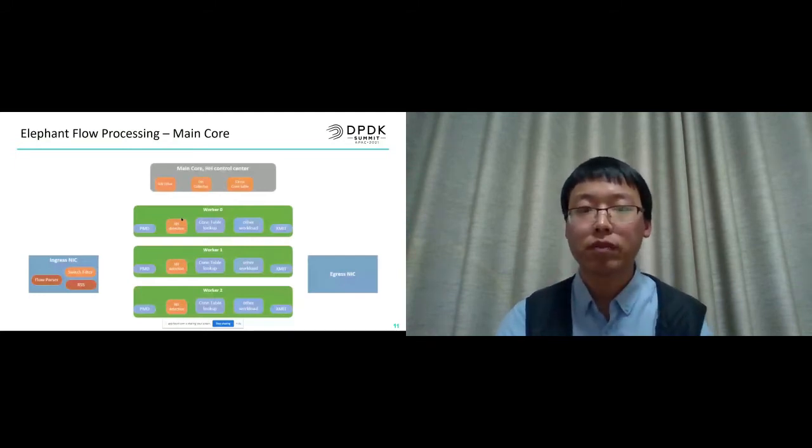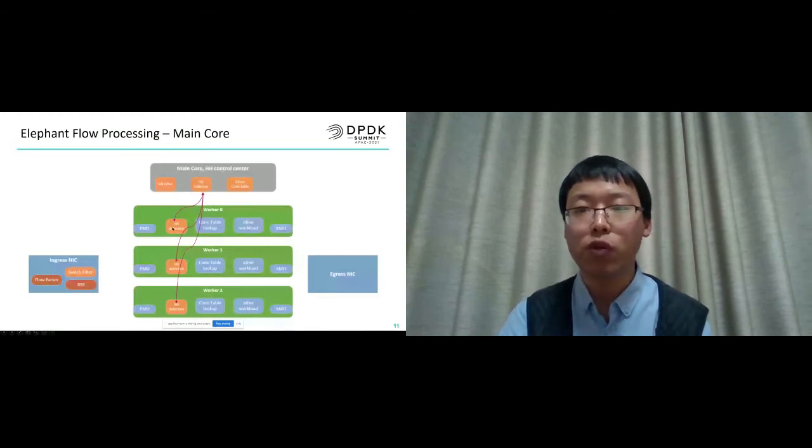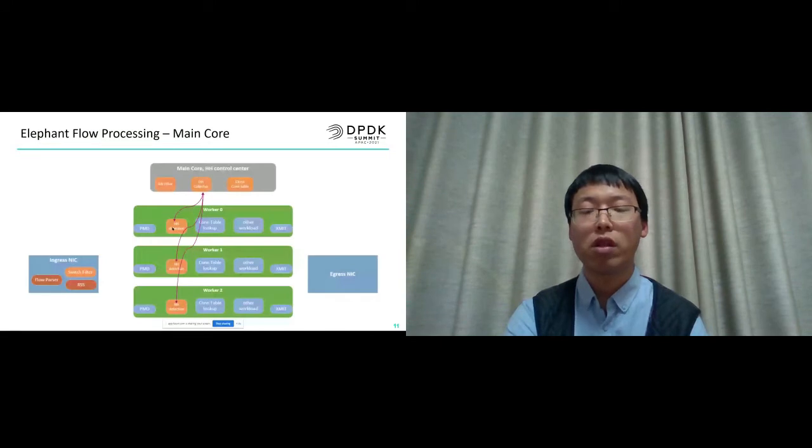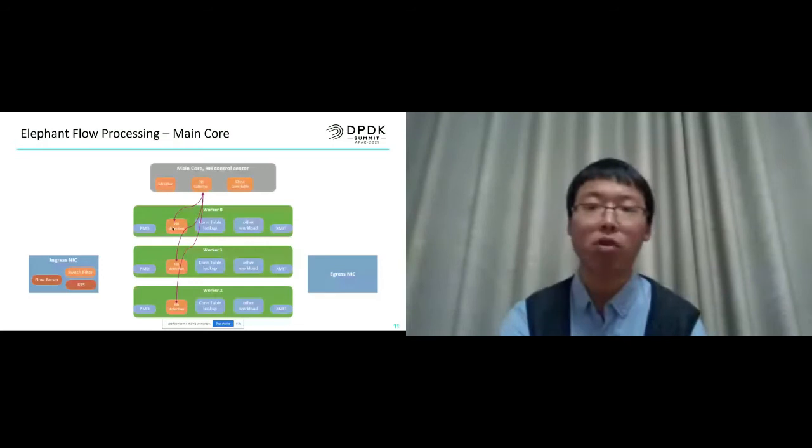It will periodically fetch the heavy hitter reports from all the workers and find out which of these heavy hitters is an elephant flow. There should be some criteria for an elephant flow, like the flow established time, the bandwidth, and so on. So you can have your own criteria.